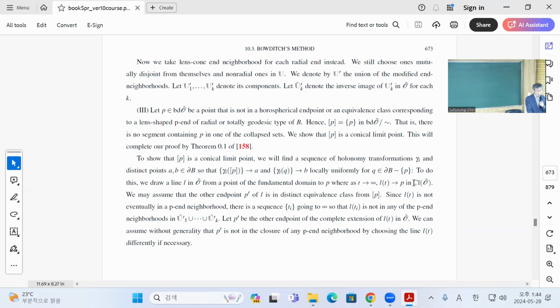Because it passes some interior point here, you can eventually find some sequence so that L_{t_i} is not in any of the P_n neighborhoods. Okay, and then P prime is the other endpoint of the complete extension here.